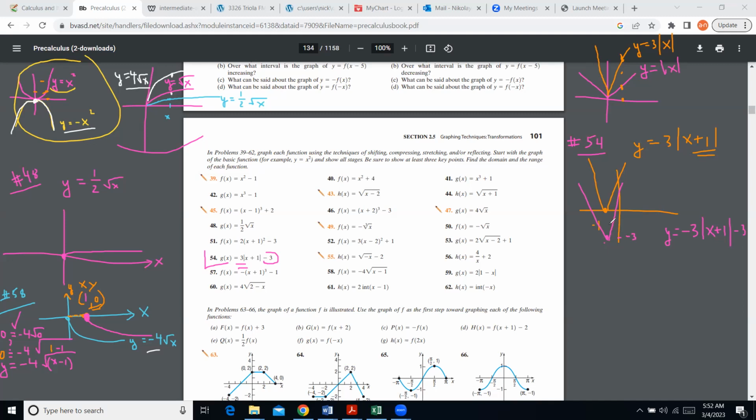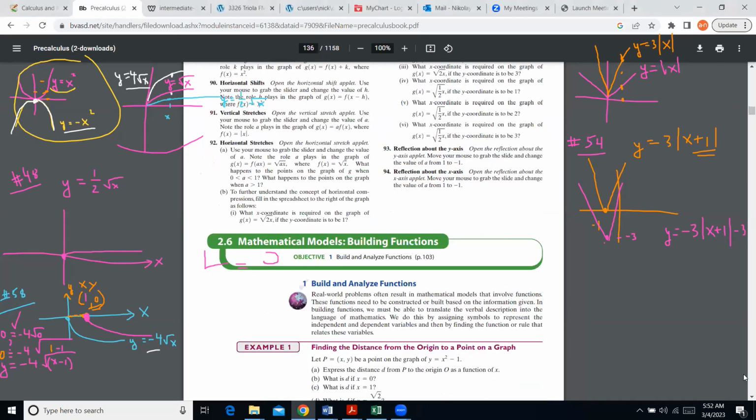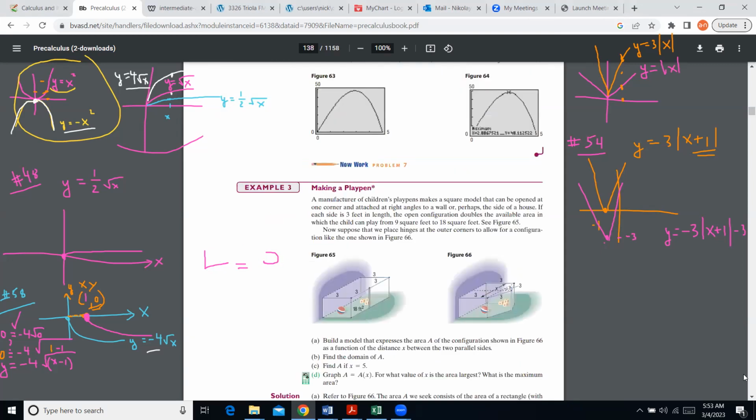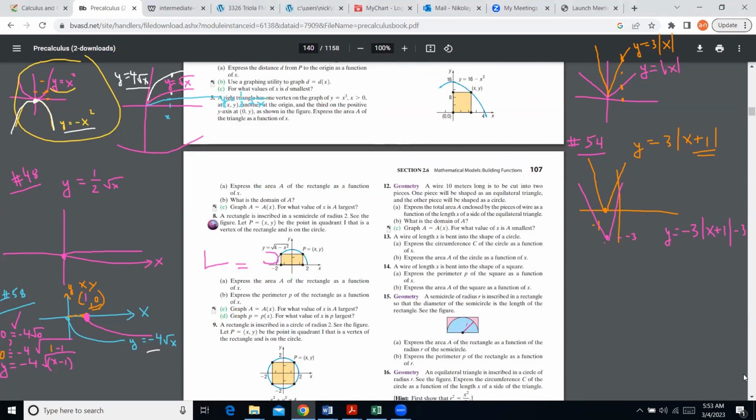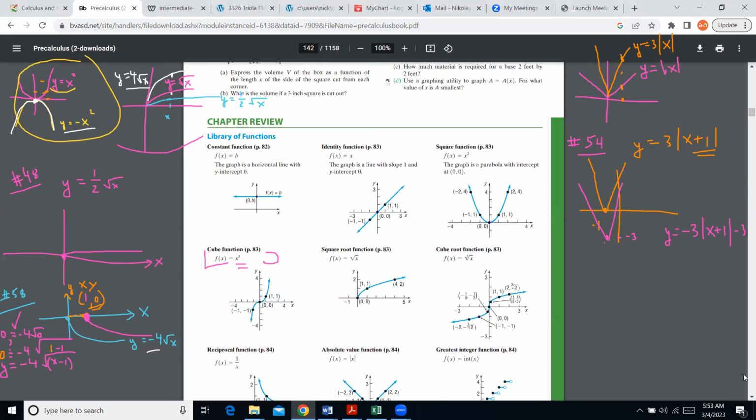So that's what we discussed last Saturday, and I guess that's a little bit of a refresher of the story. Now I'd like to move to the next chapter, because 2.6 is a section that deals with word problems only, and we don't really need this for our class.